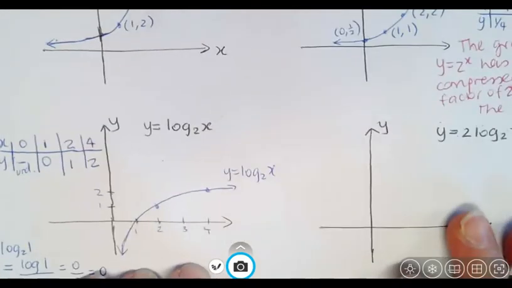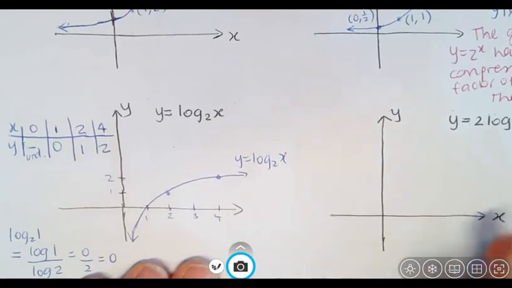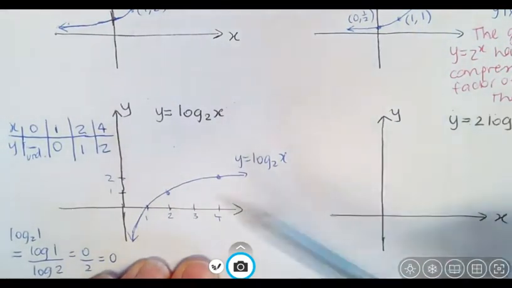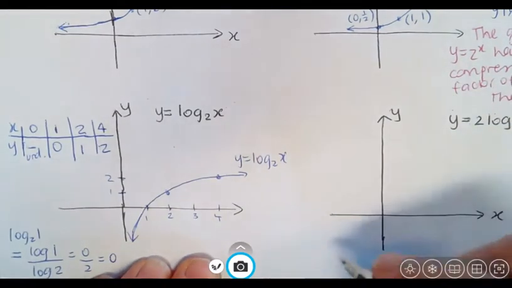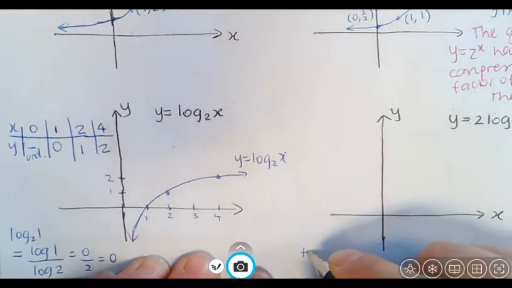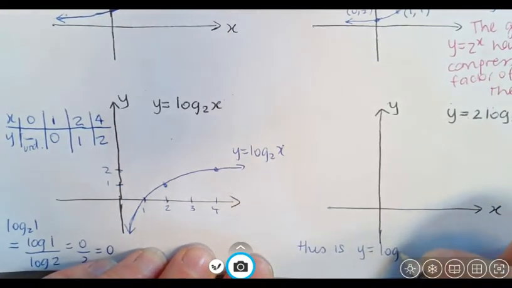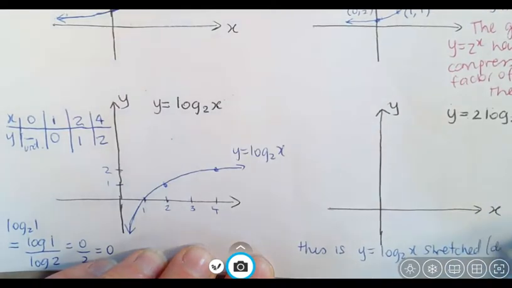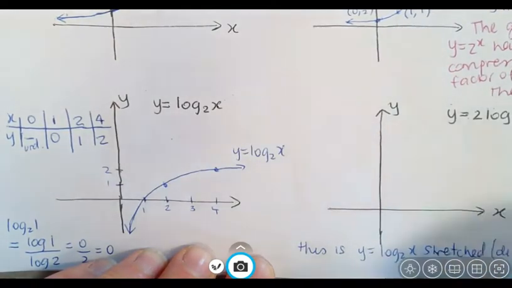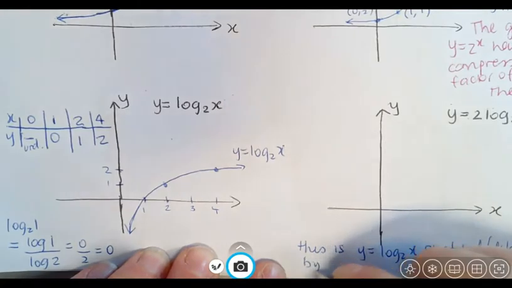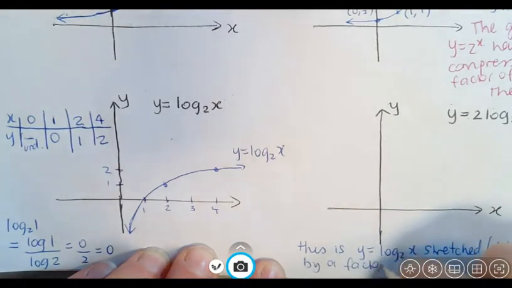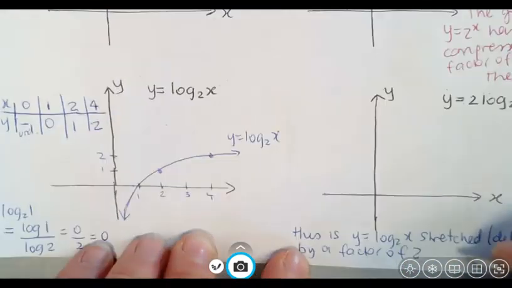Now to sketch the graph y equals 2 times log to the base 2 of x, this has been stretched vertically. So this is y equals log to the base 2 of x stretched or dilated vertically, stretched by a factor of 2 from the x-axis.